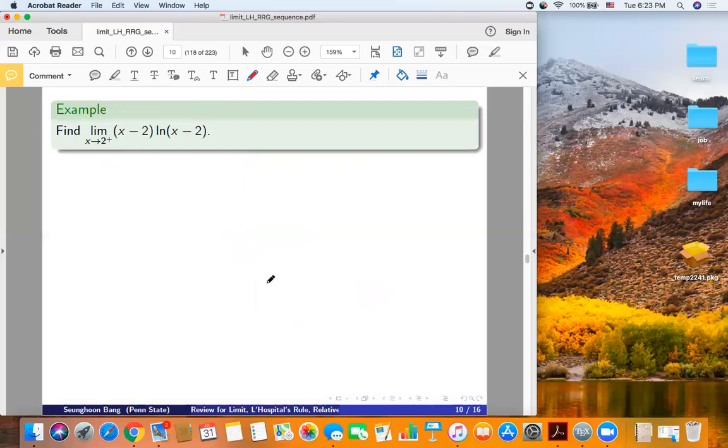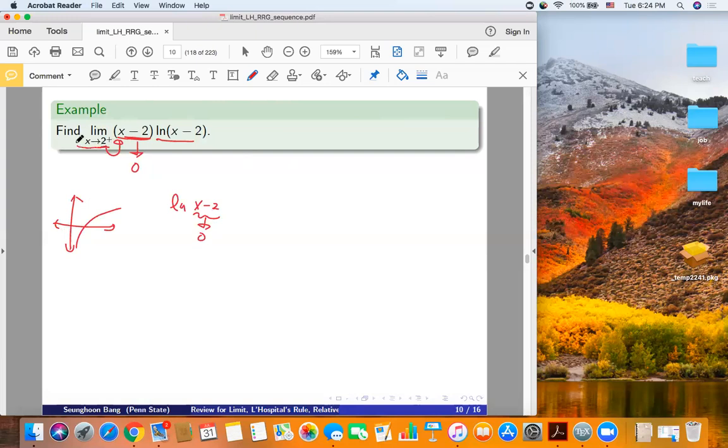Next one. The x value approaches 2 from the right. You can plug 2 into here. What happens to x minus 2? This value approaches 0. What's the ln function? You can draw the graph of ln. The graph of ln is like this. What is ln of x minus 2? Since x approaches 2, x minus 2 approaches 0.